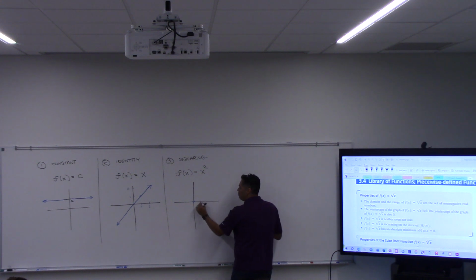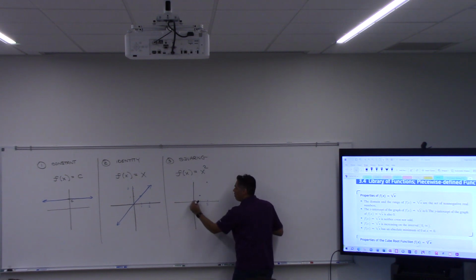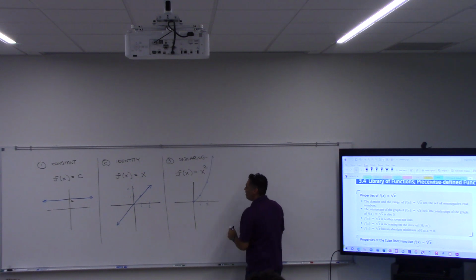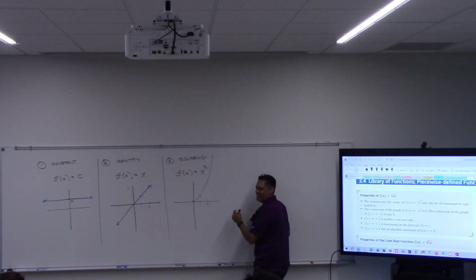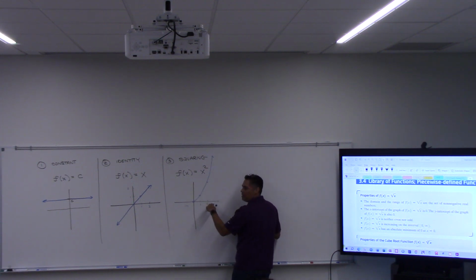When you plug in 1, what do you get? 1 in, you get 1 squared. Plug in 2, what do you get? 4. Plug in 3, 9. So it's not a straight line, right? It's got a curve to it. And it screams as you go to the right. And then to the left, -1, you get the exact same thing as you had over here, right?